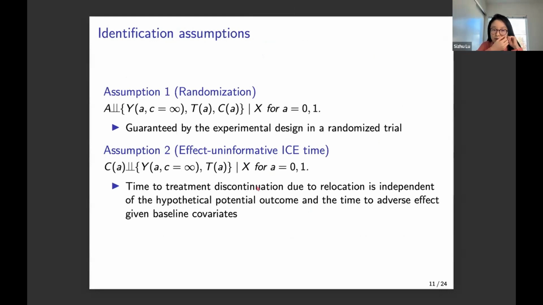But as I briefly mentioned, this is more related to domain knowledge. For example, we observe the details on those intercurrent events and what the reasons are, and it can be treated as whether we believe it is true. So if we feel, for example, that the time to relocation is probably not that correlated with the potential outcomes, we believe this is a reasonable assumption.